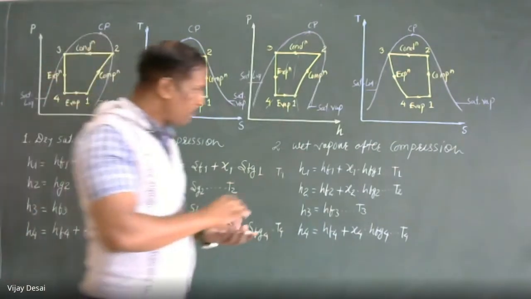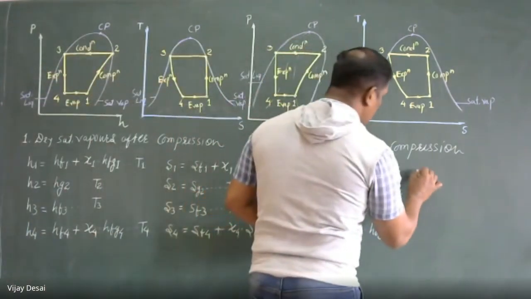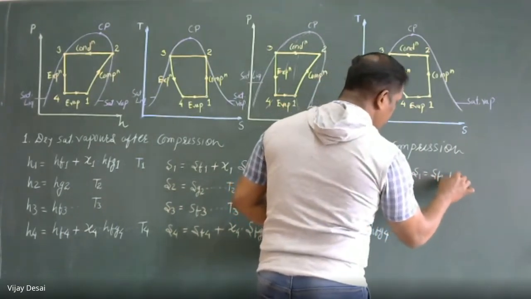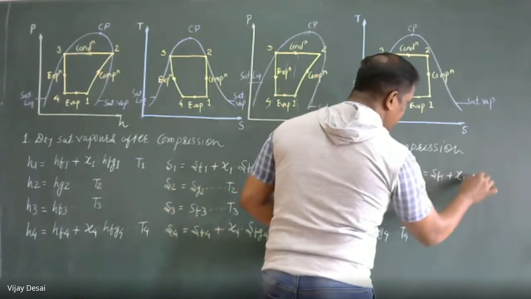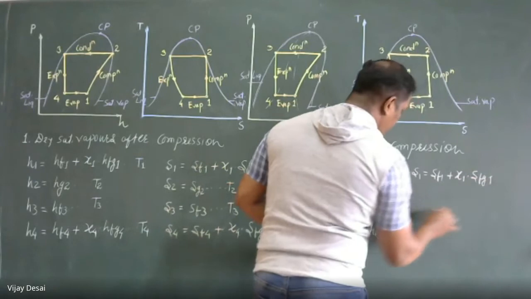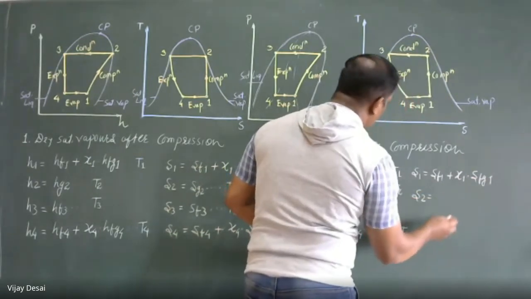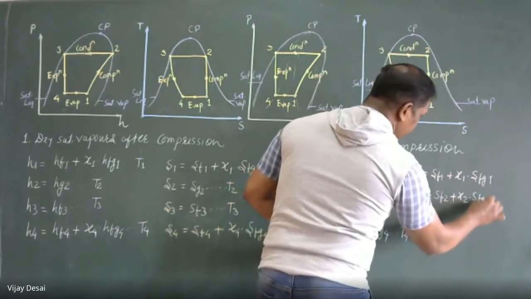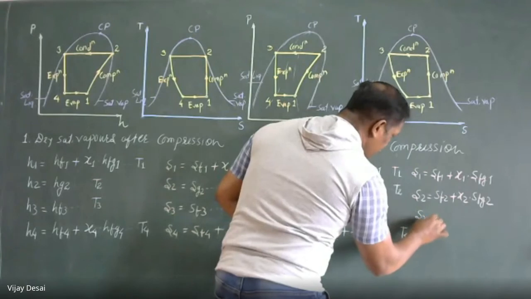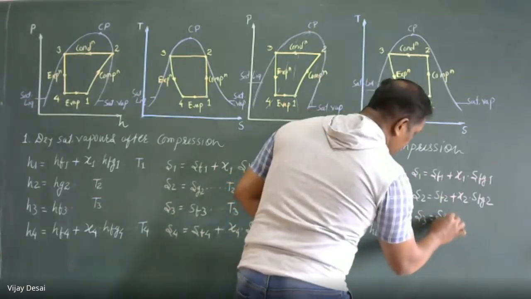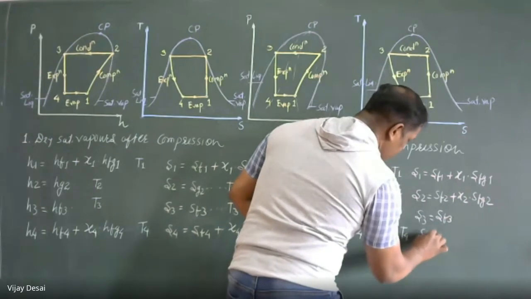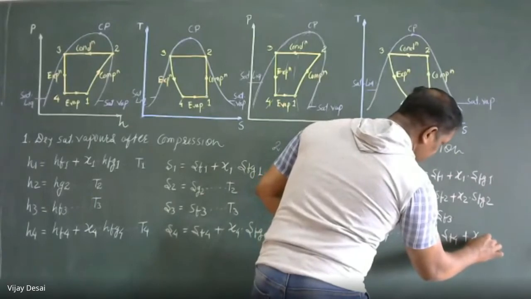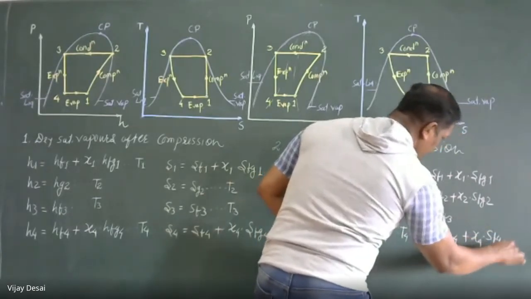In the same manner for entropy, s1 is sf1 plus dryness fraction x1 into sfg1, s2 is sf2 plus x2 into sfg2, s3 is sf3, and s4 is sf4 plus x4 into sfg4.